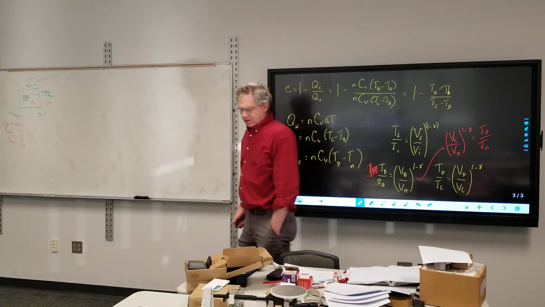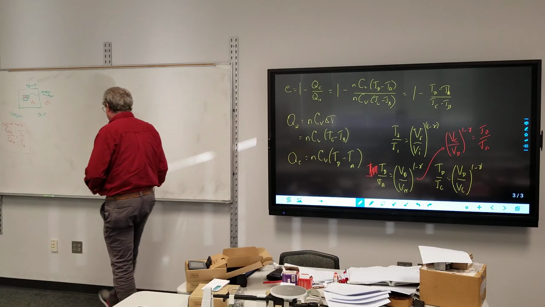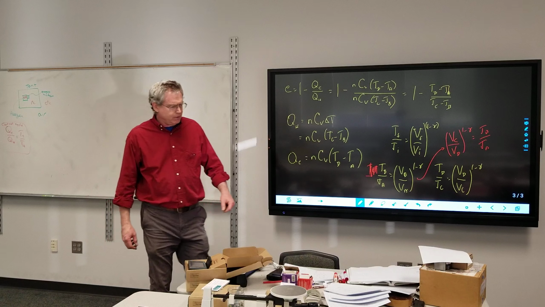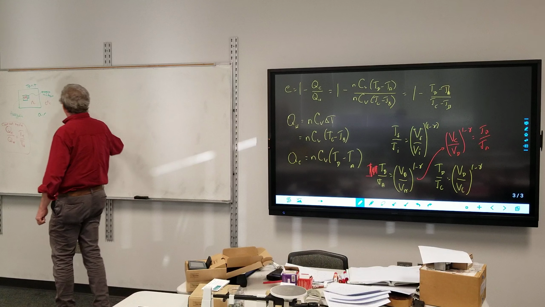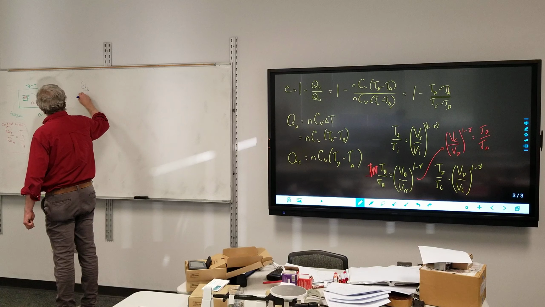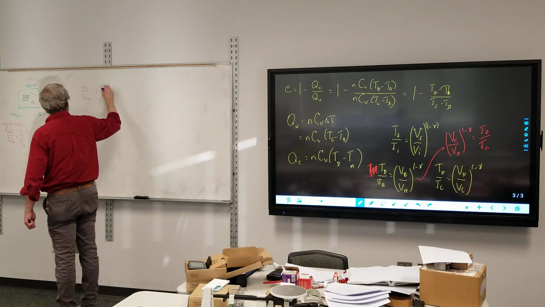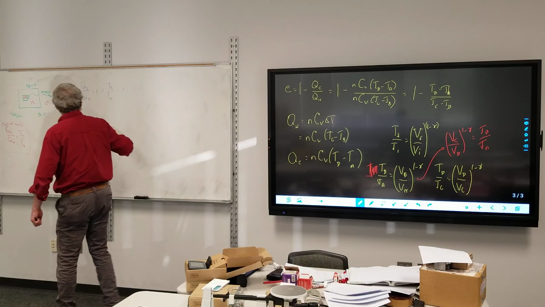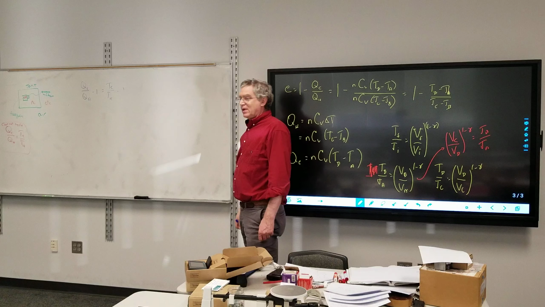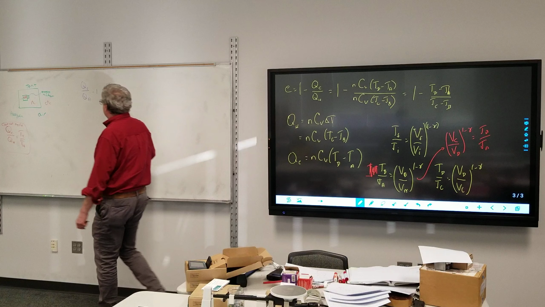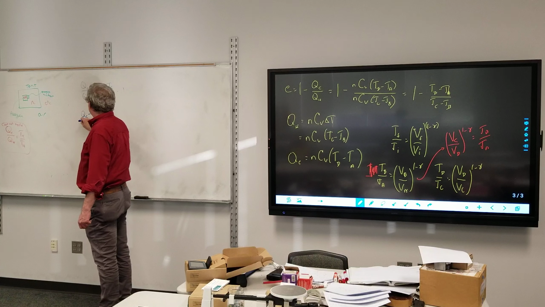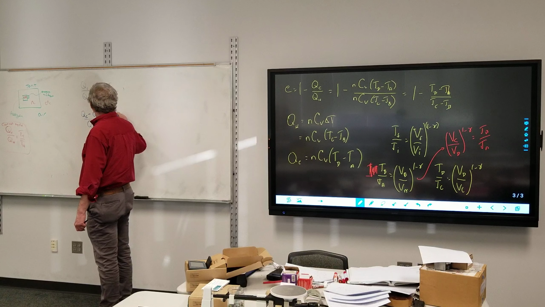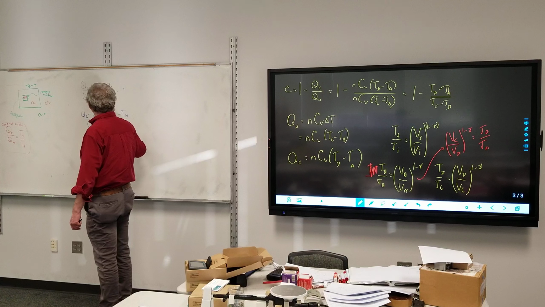If we expand that just a little bit further, I'm going to subtract 1 from each side. There are other ways of getting it if you were trying to figure this out for the first time. But so QC over QH minus 1 would therefore be TC over TH minus 1. Shocking, I know. Get a common denominator, so I have QC minus QH over QH equals TC minus TH over TH.